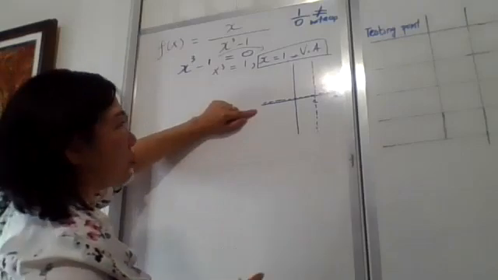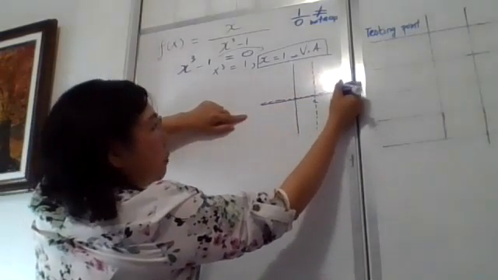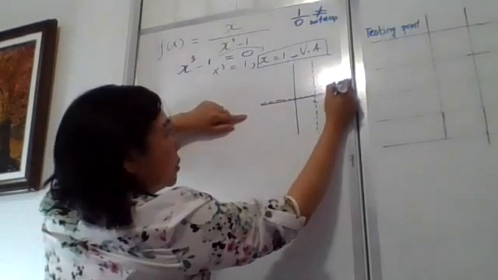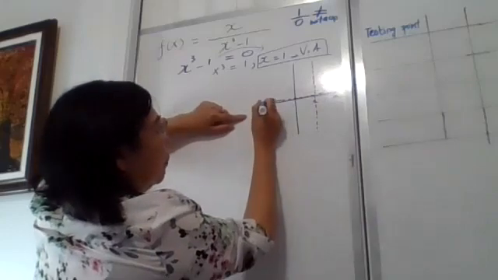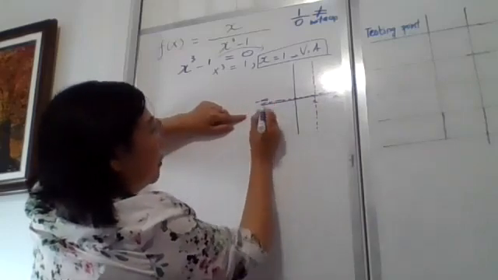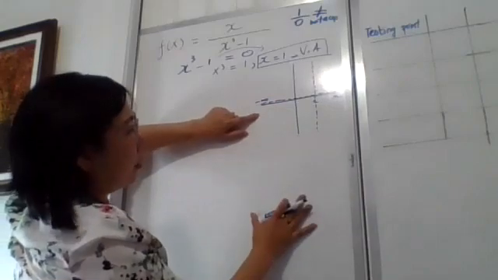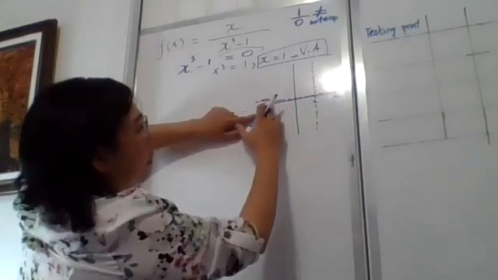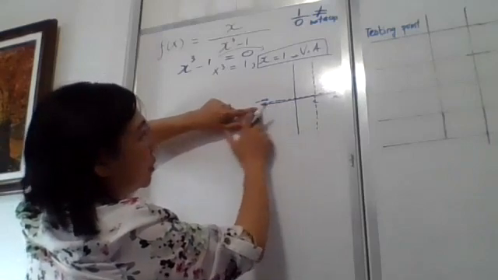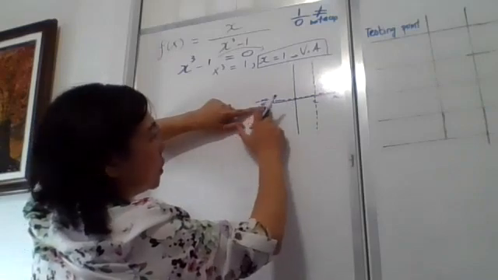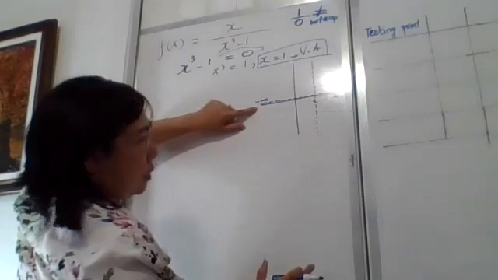To check the horizontal asymptote, we usually find out the behavior of the function when x approaches positive infinity, very far on this end, and negative infinity, very far on this end, to see where the y value goes. If the y value at that point approaches 0, which is this number line, then that is our horizontal asymptote.